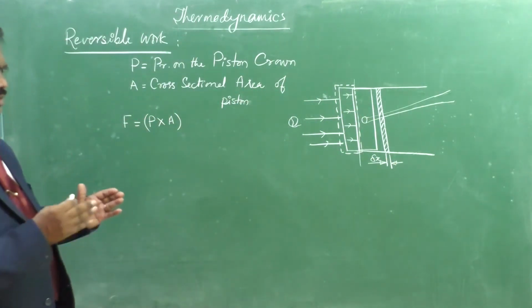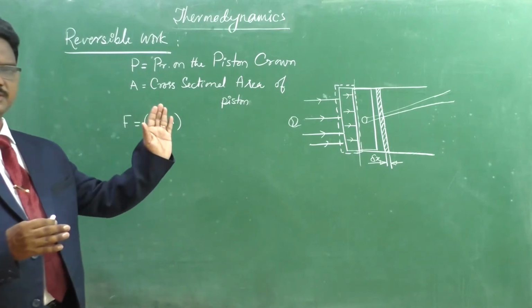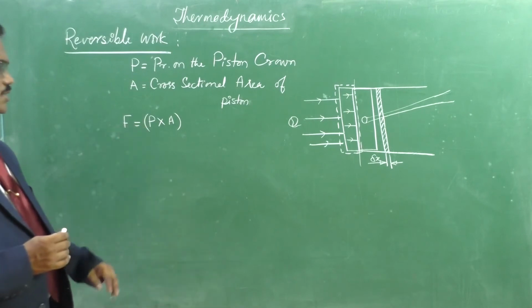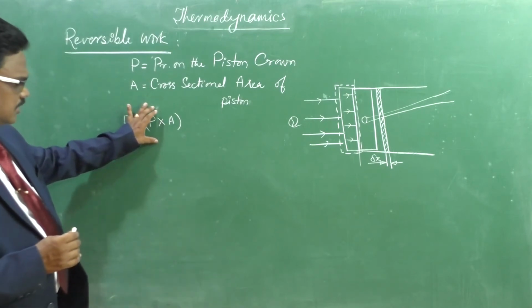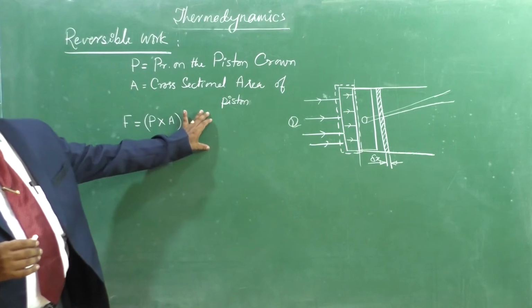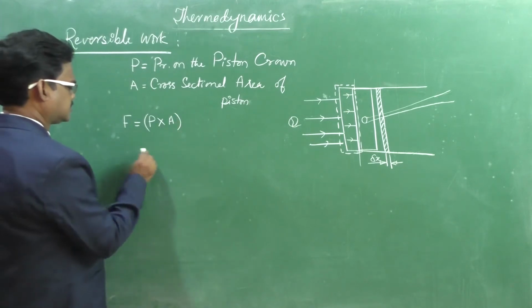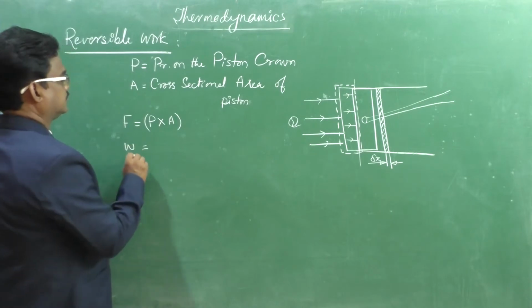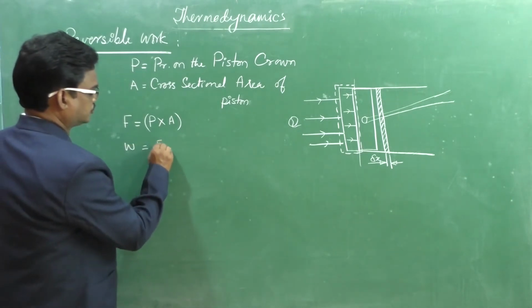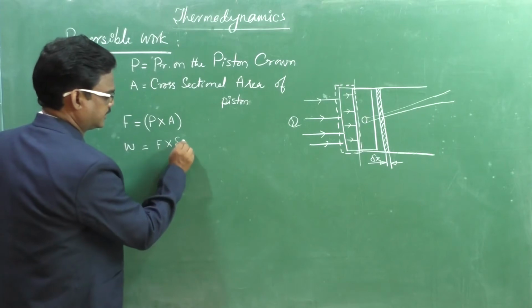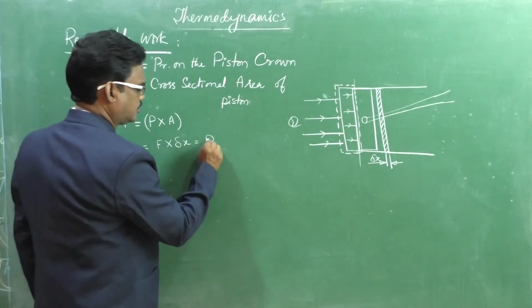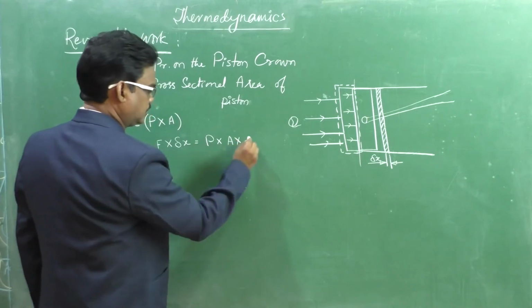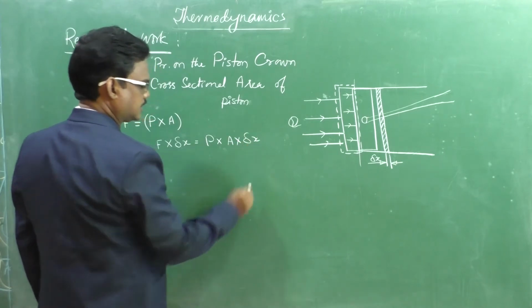Then what is the work done over the piston? The work done by this force equals force multiplied by displacement. That means work done equals force into delta x, which is pressure into area into delta x.